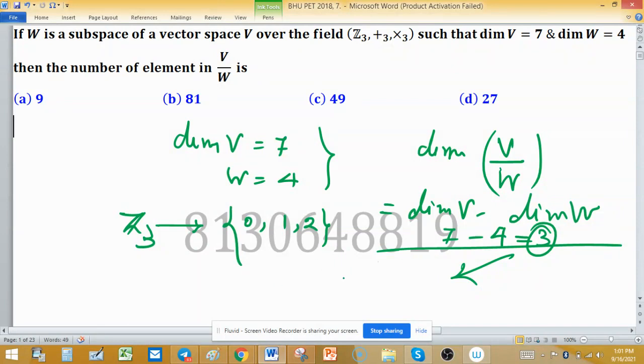If we multiply these vectors by a constant C coming from Z3, then C V1, C V2 and C V3 will be other new elements in the quotient space. So the role of the dimension in this problem is this.